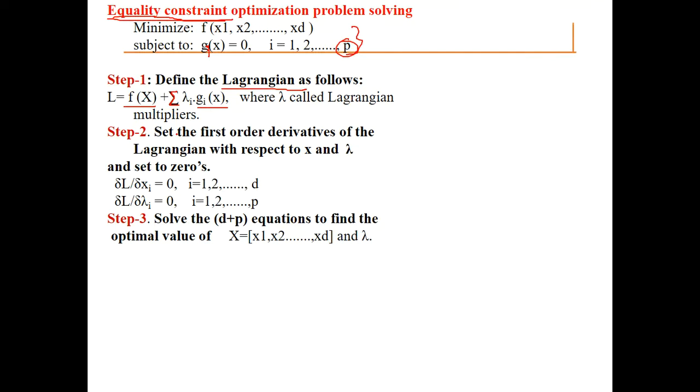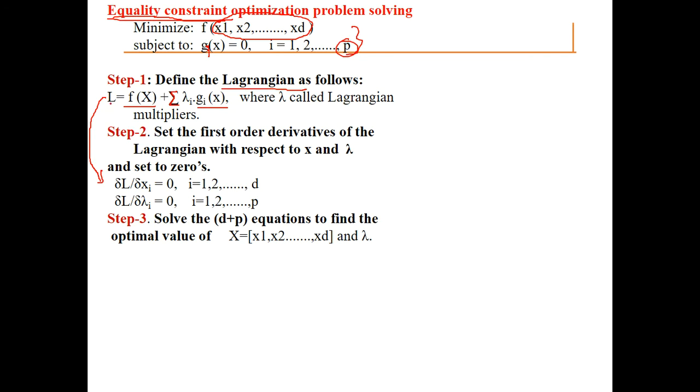Step 2. Now we shall differentiate this Lagrangian equation with respect to every parameter x. So we have d number of parameters in objective functions.